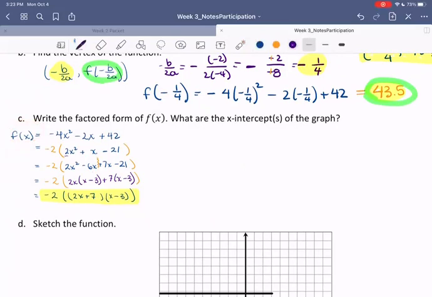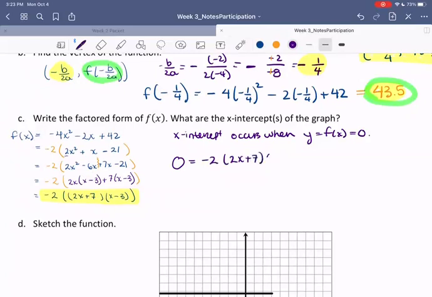So let's set that up. So x-intercept occurs when y or f of x is equal to 0. So for us, we're going to set up 0 equals -2 times 2x plus 7 times x minus 3. Now, the reason why we factored f of x to be this product is because whenever we have a product equal to 0, that means one of the terms must equal 0.